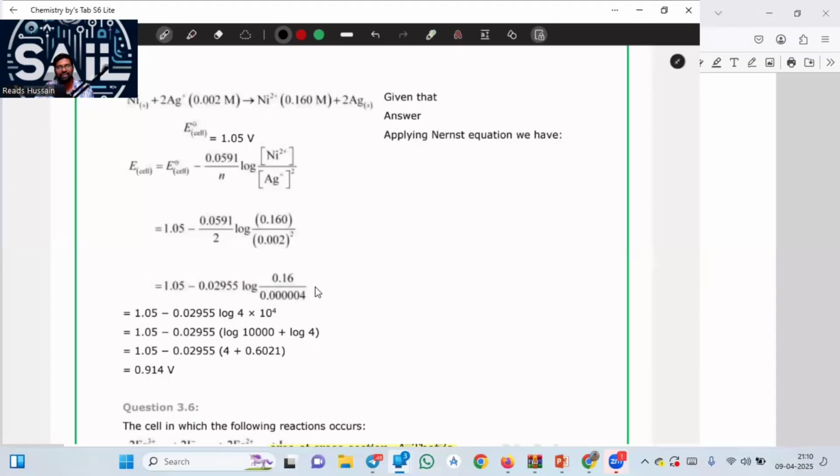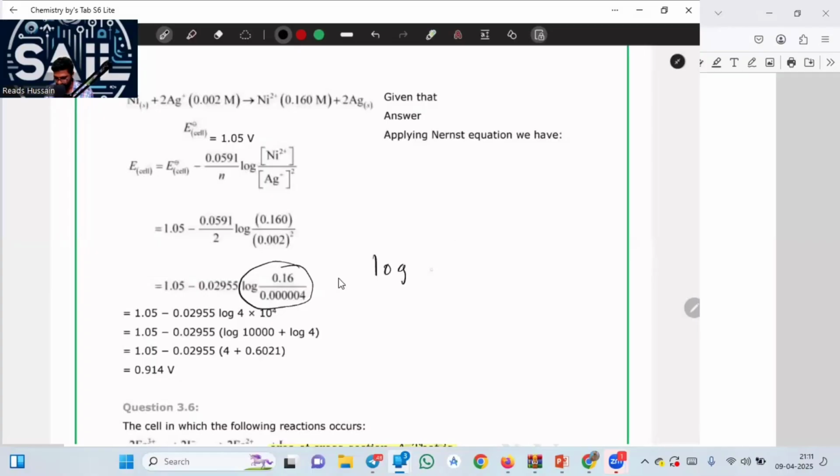Its value is 0.059 by 2, which is 0.02955, something you get, and then log of 0.16 by 0.0004. Do you have any problem here? I will explain this part.